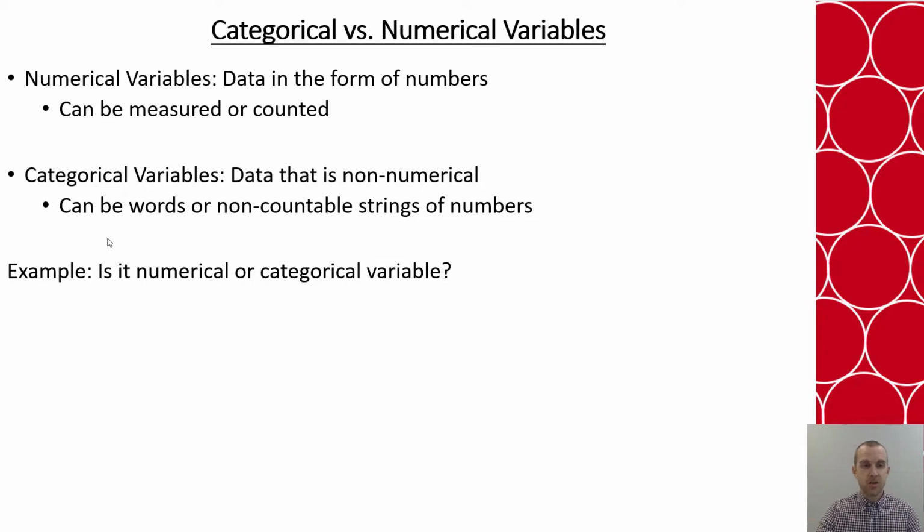So here, if we look at numerical and categorical variables, zip codes, I just said that is considered categorical data because it is a string of numbers, but we don't measure or count zip codes, just like we don't measure or count phone numbers. They are a string of numbers that tell us specific information about maybe where you live. And even more specifically, the first 3 digits, the area code, tells us a very specific place about where you lived or where you got your cell phone.